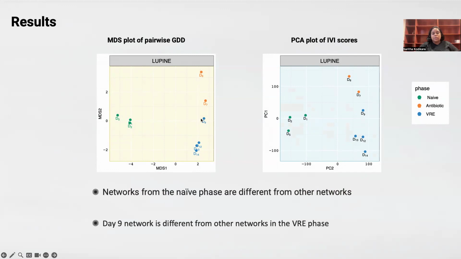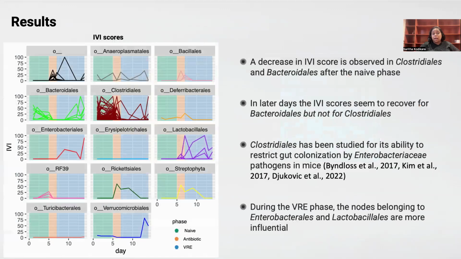It's also nice to see this trajectory, where on day 9 there's a bit of a difference because this is where the VRE is administered. Again, you see a clear grouping in the later stages of the experiment, so you can see that transition from day 9 to the later dates. You can also look at the IVI values across different taxa.